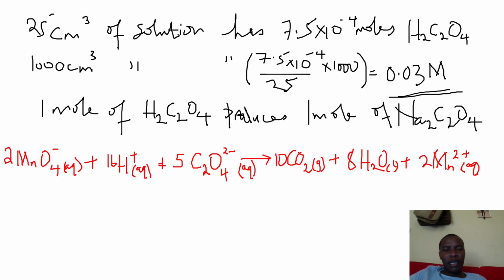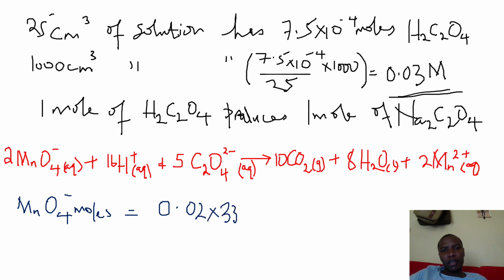Let's say the permanganate moles equal, we quickly do it, you get the 0.02 times 33.4, and you divide the whole of this one by 1000.